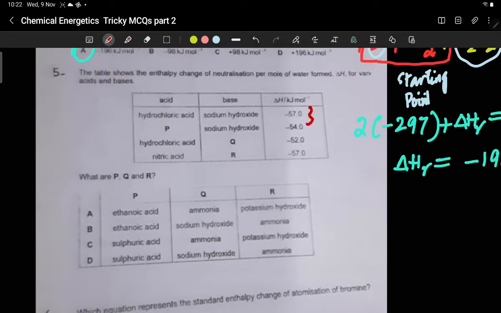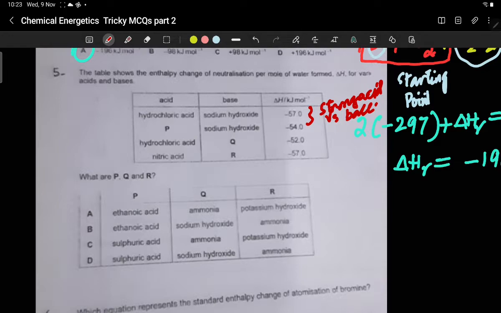This is for strong acid and strong alkali, and this is strong acid versus strong base. And P with sodium hydroxide, if it is minus 54, less than 57, it means a weak acid is there.